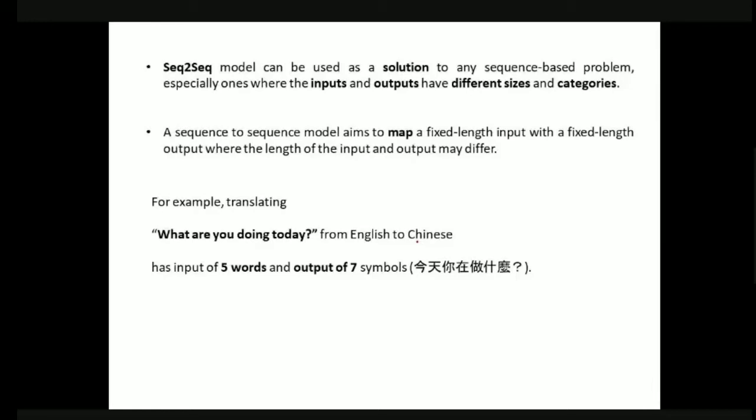Okay, so what is the main aim of the sequence to sequence model? They aim to map a fixed length input to a fixed length output. Just now we saw that we have different inputs and different outputs, so why are we calling it fixed length input and fixed length output? If you see in this example, "what are you doing today?", we wanted to translate this from English to the Chinese language.